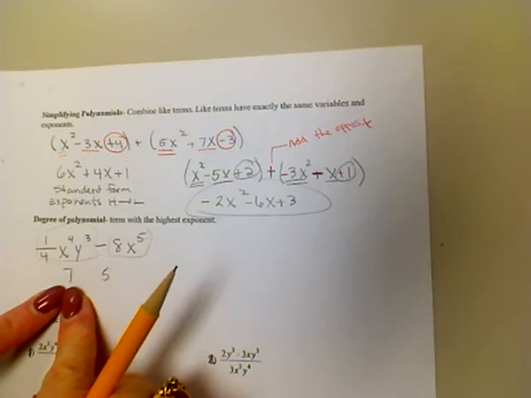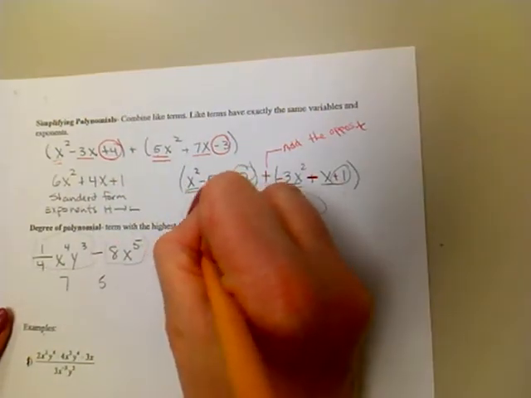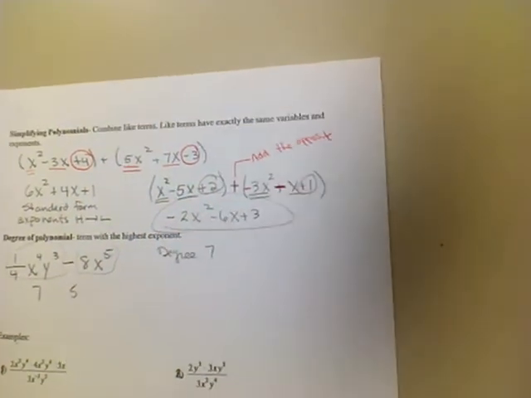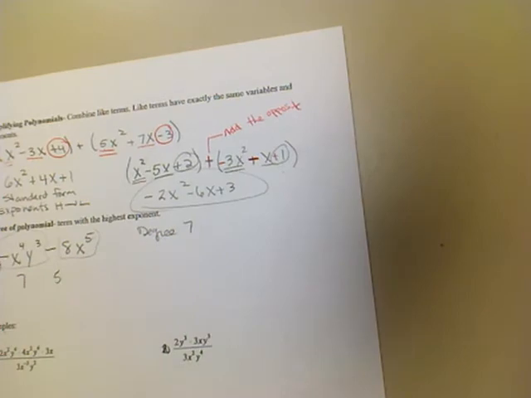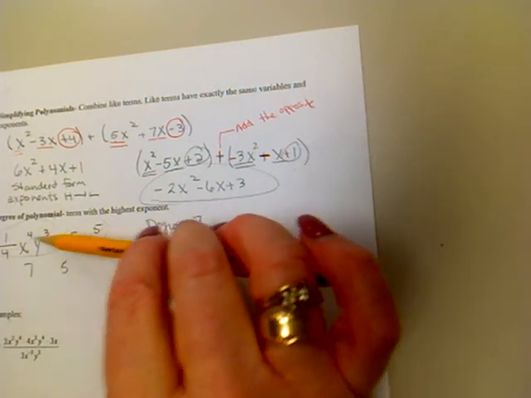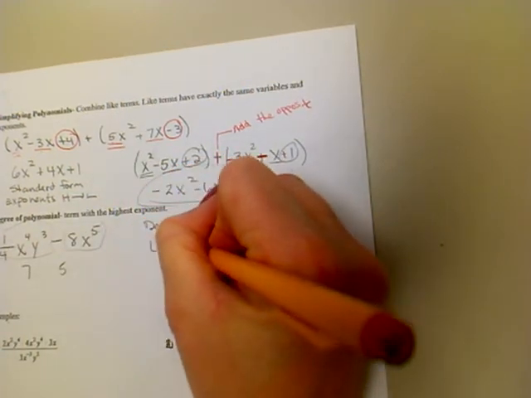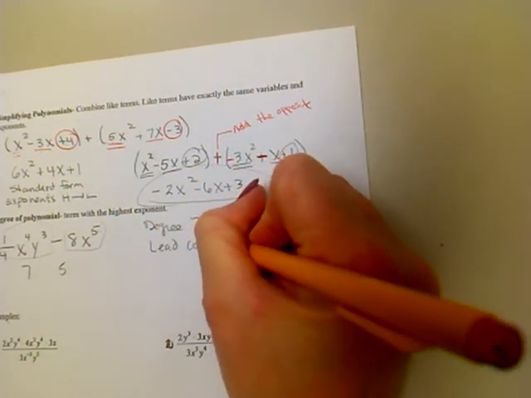It's 7. So if I said, what is the degree? You'd say the degree is 7. And the leading coefficient, okay, this is where it gets tricky because there's a 5 here. The leading coefficient is the coefficient with the highest degree. The highest degree is 7. The lead coefficient here is 1/4.